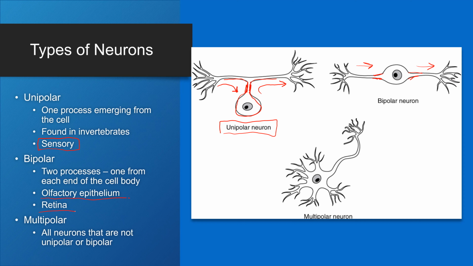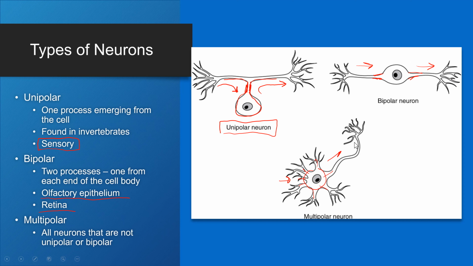Those are bipolar neurons. Most neurons are multipolar. All neurons that are not unipolar or bipolar are multipolar. We see the cell body and multiple processes, one axon and many dendrites, right? That's a multipolar neuron. Your interneurons and your motor neurons are multipolar neurons.